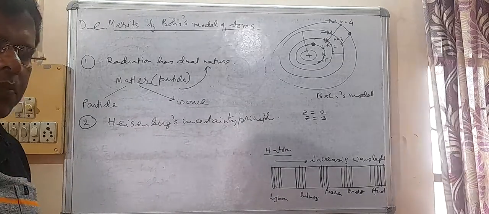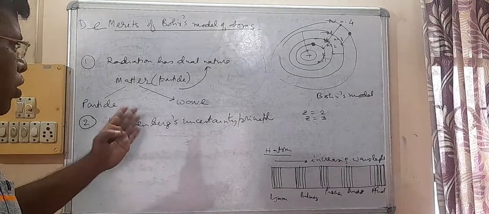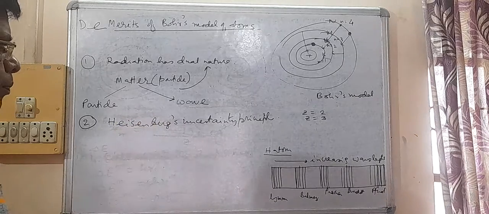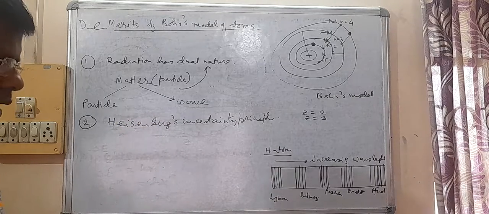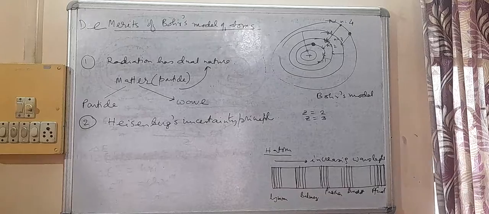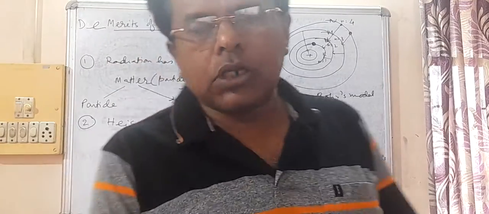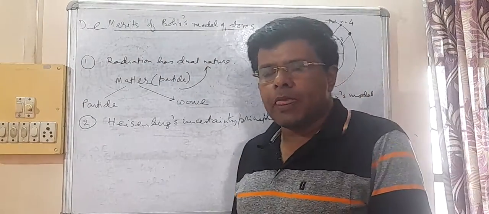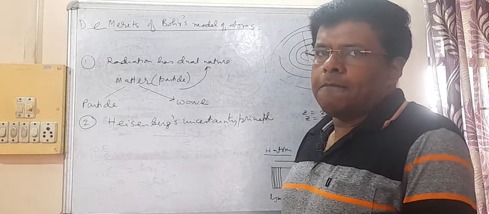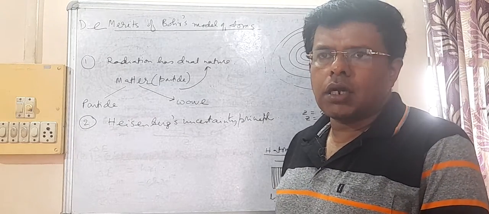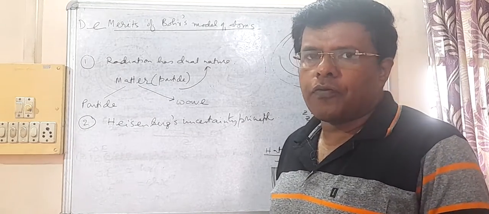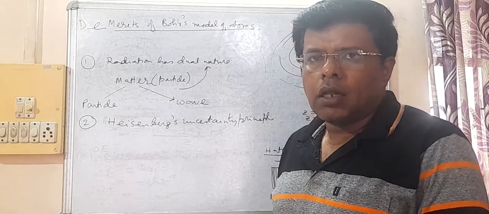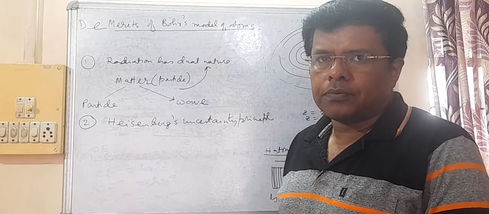According to Heisenberg's uncertainty principle, it is impossible to exactly determine the position and the momentum of a microscopic particle with certainty.